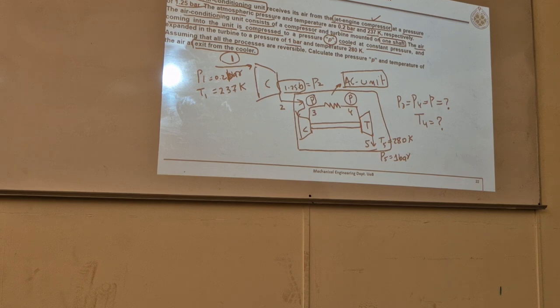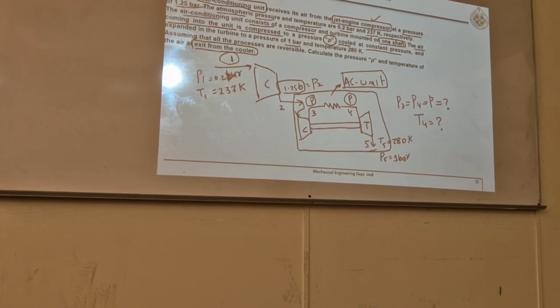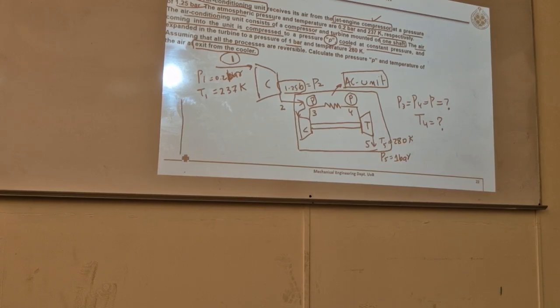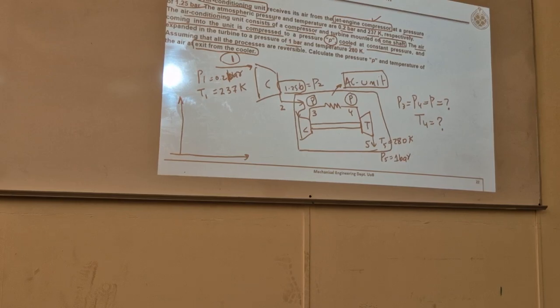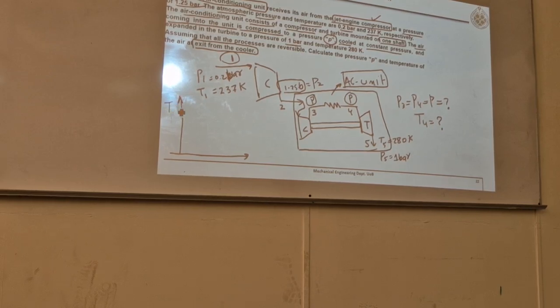So now you can see this problem is simple but very different from the previous one. Okay, now let's draw the TS diagram because this is not enough. This diagram is difficult to imagine, where is isentropic, where is not isentropic. If you can remember, fine, but better to draw it, the TS diagram.